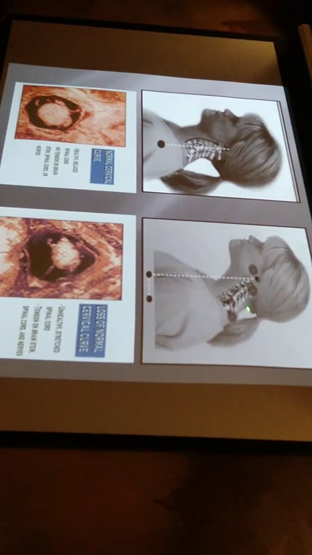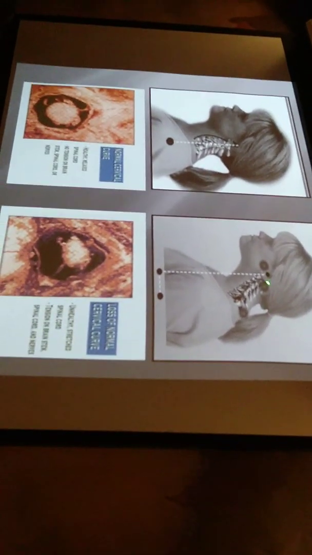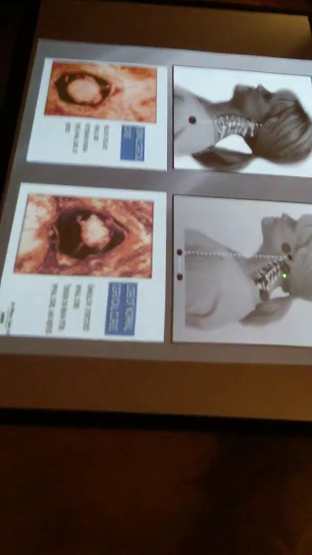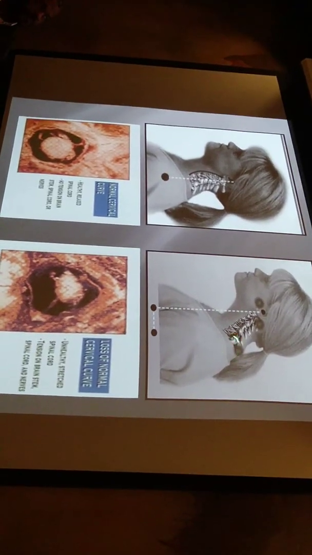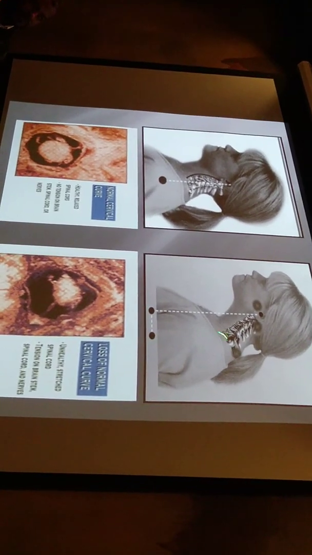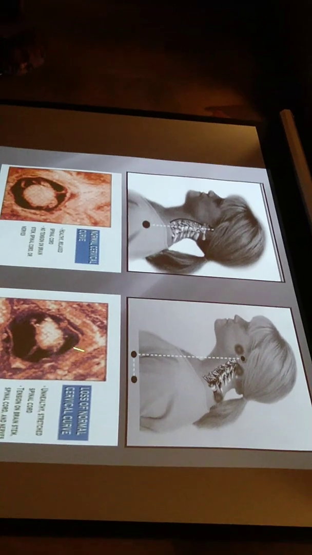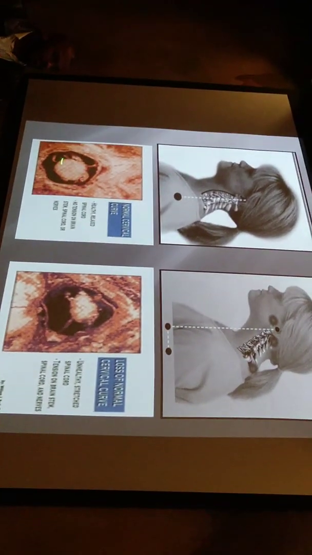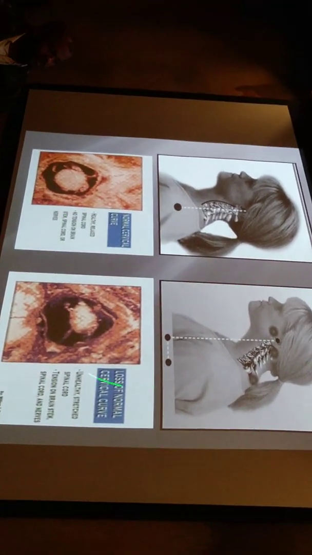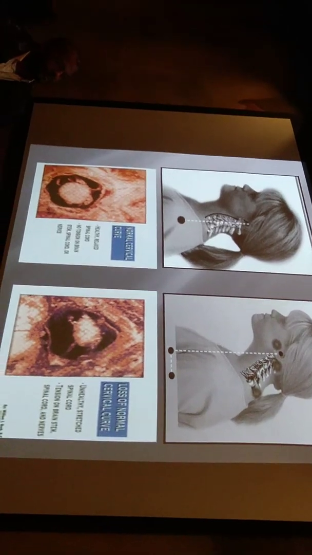Again, ADD, ADHD, we see a lot of autism, all in this area, hormone issues, thyroid dysfunction, as well as pain in the shoulders and possibly pain shooting down the arms. And again, this is what this spinal cord looks like. This is what this spinal cord looks like. So who wants this? Not a lot of us, right?